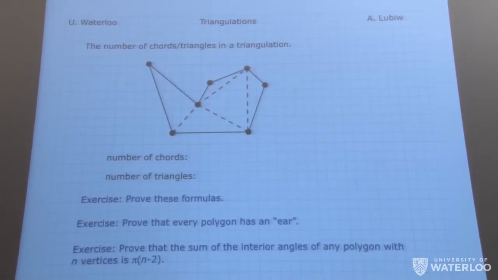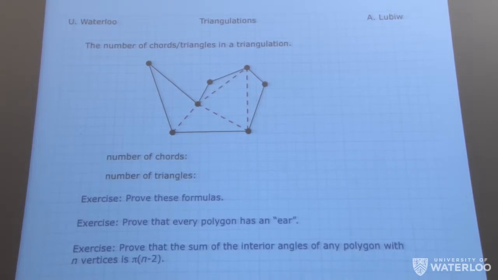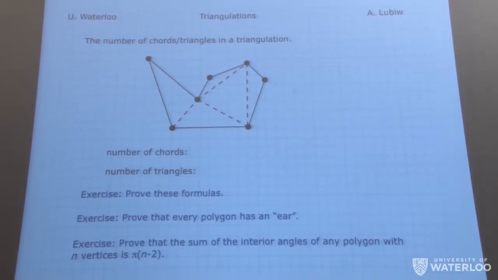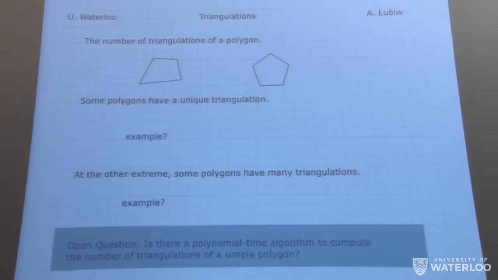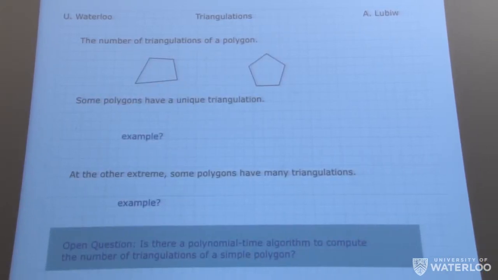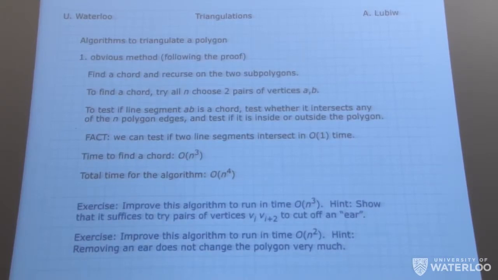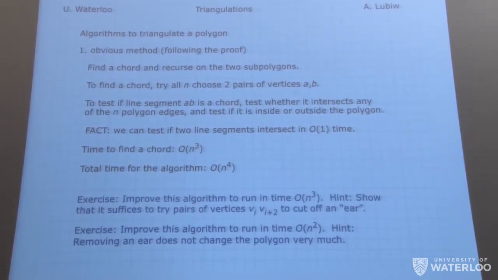Okay, so I was going to talk a little bit about the number of chords and triangles in a triangulation. However, I think there's some more interesting things I did want to say. There's also interesting things about the number of triangulations, but more crucial to our course, which is an algorithms course, is to talk about algorithms to triangulate a polygon.